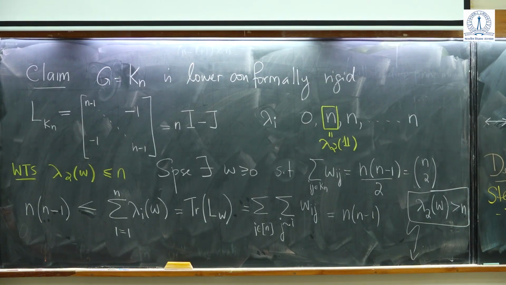So then the sum of all the eigenvalues is bounded below by this, right? Because the smallest they can be is n, but they're probably slightly bigger than n. So n times (n minus 1) is the lower bound. That's less than the sum of the eigenvalues because lambda 1 is 0, so I can just squeeze it in, and then we continue.